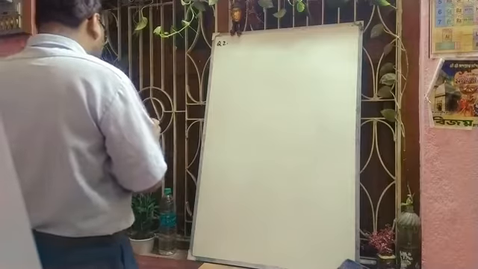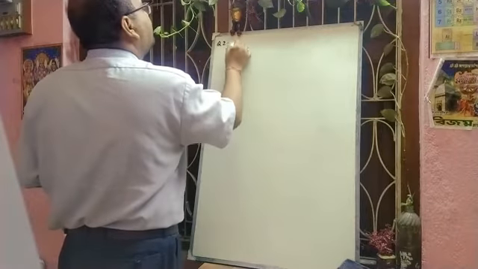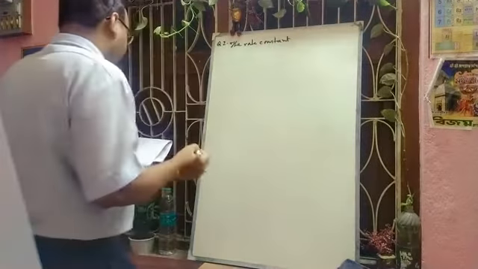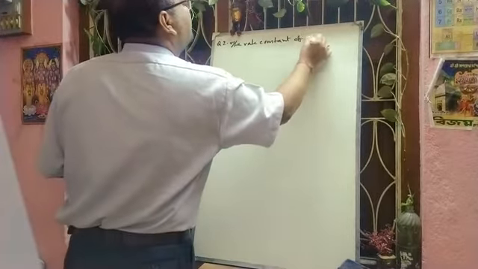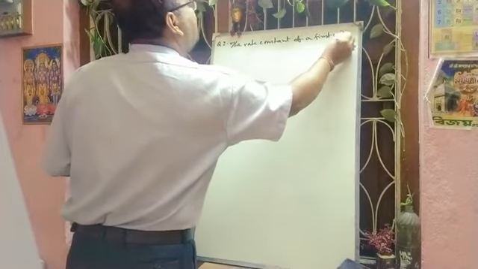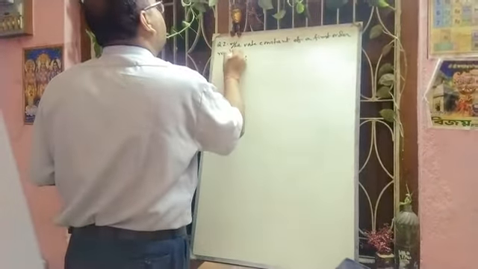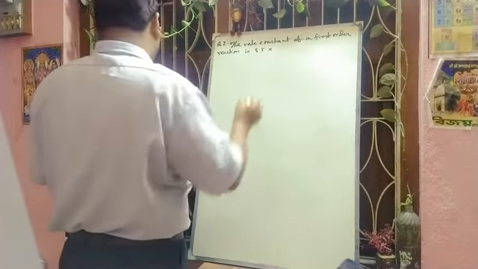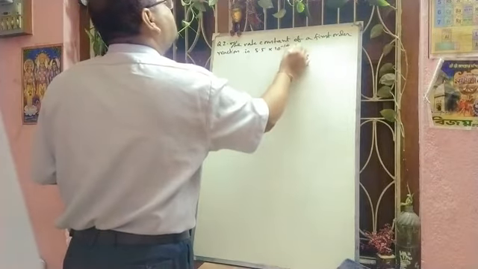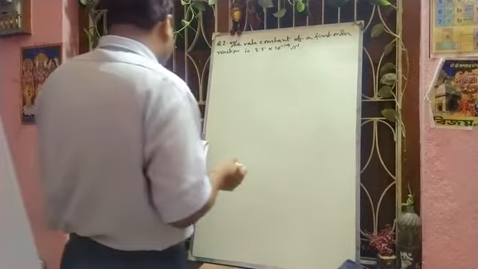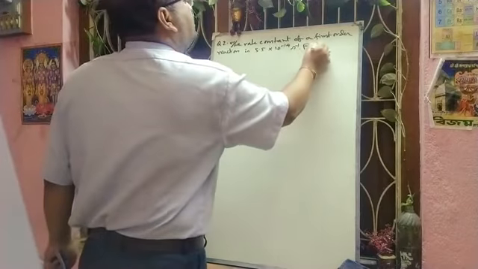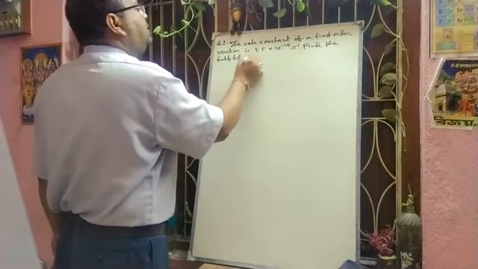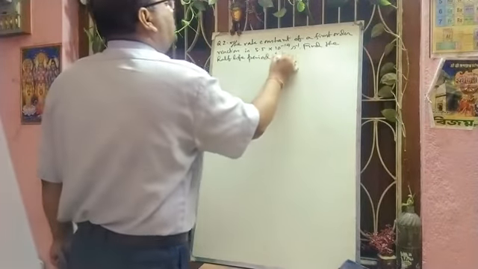It is given the rate constant of a first order reaction is 5.5 into 10 to the power minus 14 second inverse. Find the half-life period of this reaction.